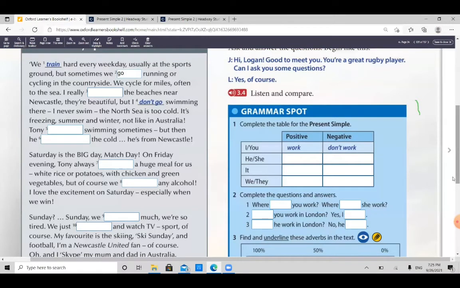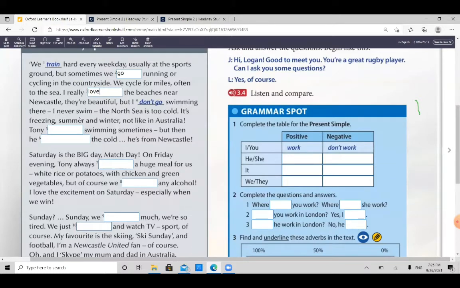Thank you, Shuruq. Walid? We stay in a house open to the sea. I really love the beaches near Newcastle. They're beautiful, but I don't go swimming there.